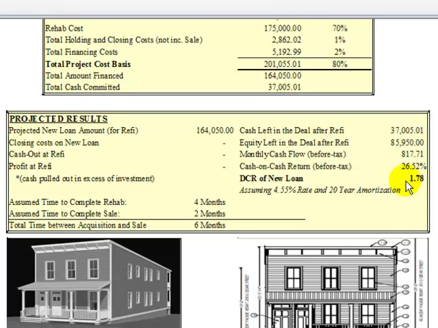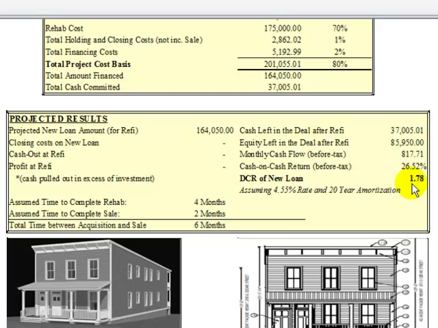And here, I'm showing him the debt coverage ratio of this new loan. So bankers will typically want to see roughly a 1.25, 1.3 debt coverage ratio.